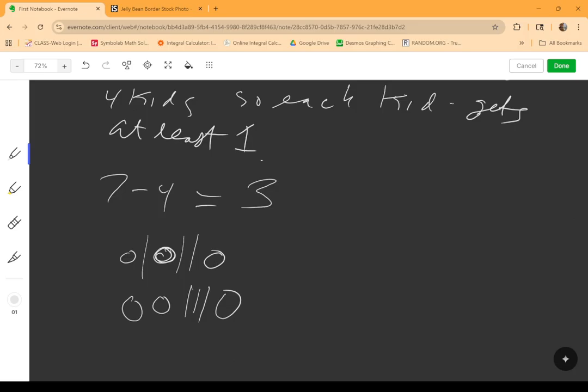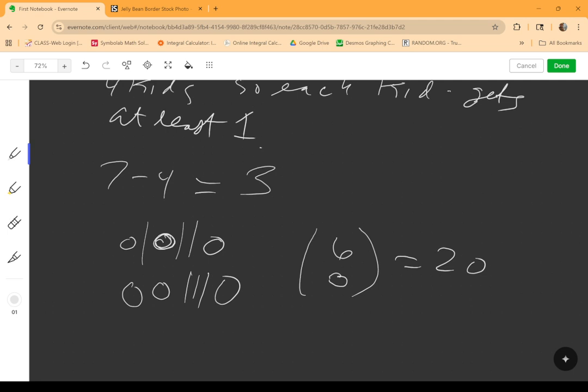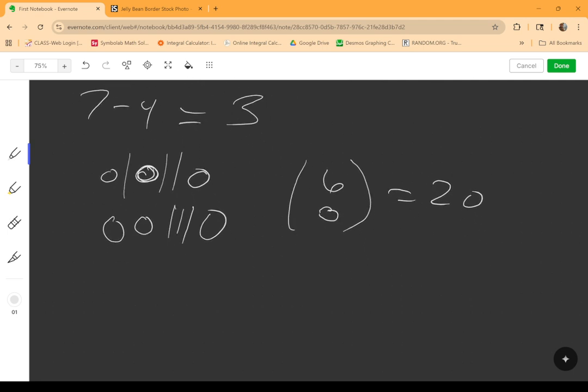So that is allowed too. So using our formula, with the 4 kids and 3 sticks, 4 plus 3 minus 1 is 6, and I want to choose 3 of them, for a total of 20. 20 different arrangements where each kid has at least 1 cookie. All right, so that's how we use counting multi-sets, where we allow repetition of identical objects.